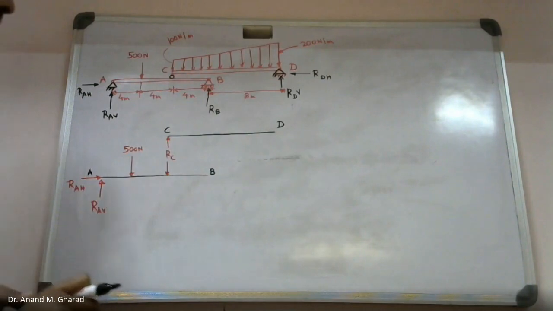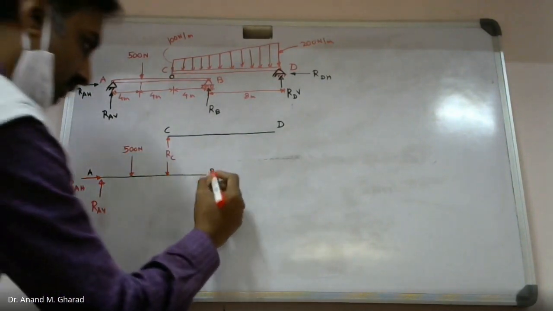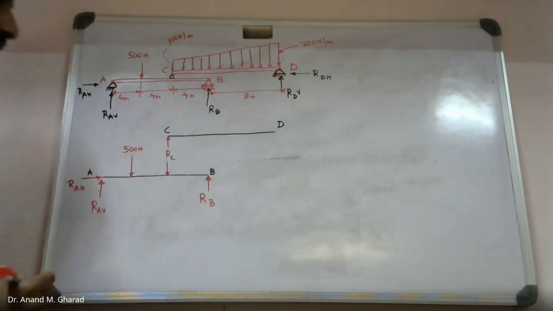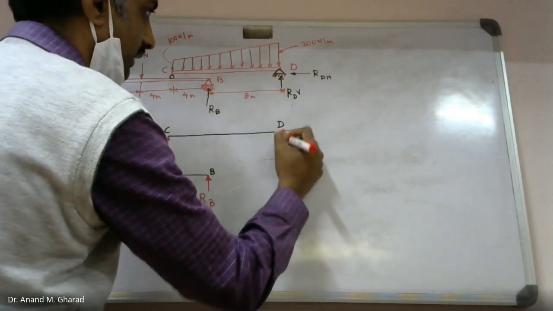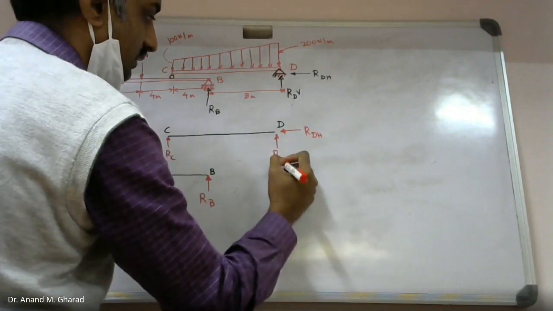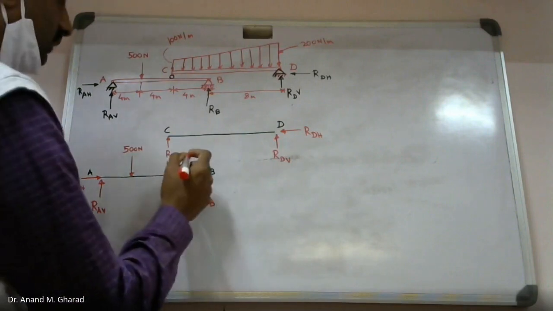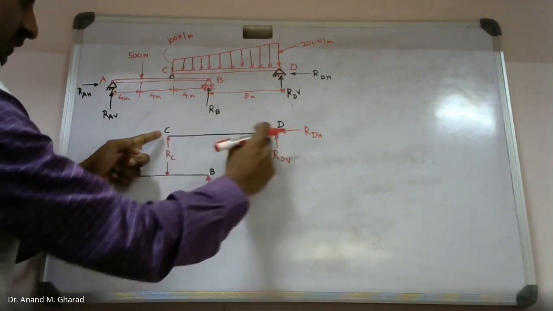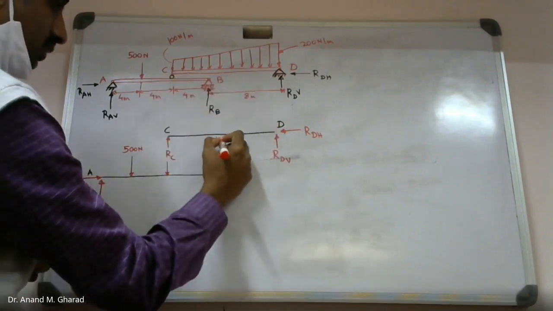At B, you will expect only one reaction force because it is a roller support. So this is RB. At point D, you will be expecting two reaction forces. I am assuming the direction of these forces initially in this manner, right? If you measure the total span of CDB, how much will it be? 8 plus 4, that is 12 meters.